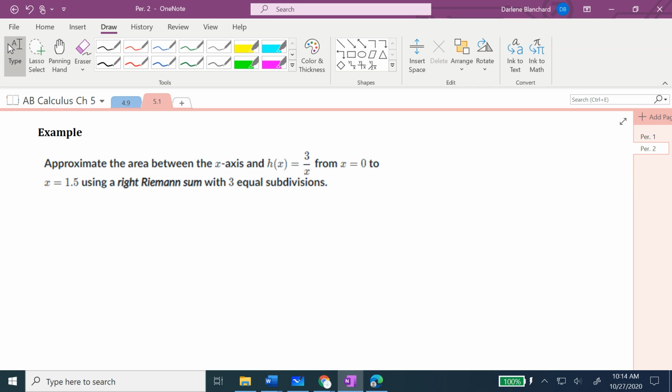And so with this function, h of x, you are told that you're going to approximate the area from x equals 0 to 1.5, a right Riemann sum, 3 equal subdivisions. So you're going to draw this thing out.